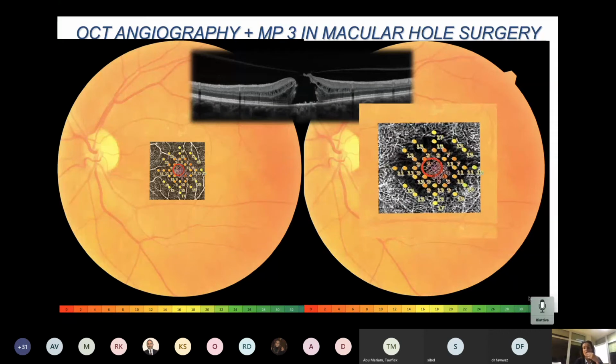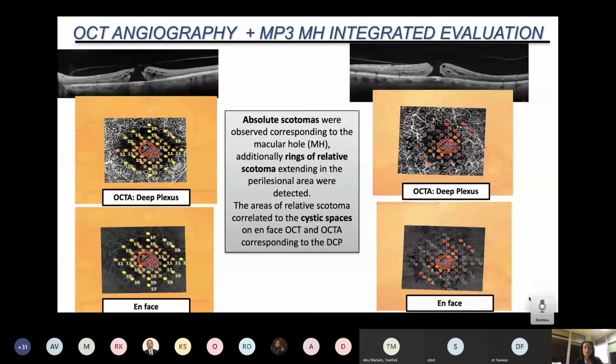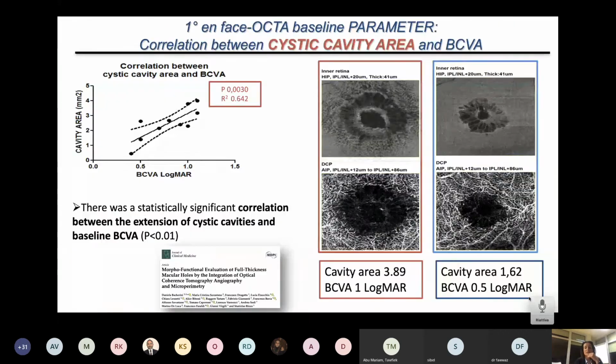And by automatic software, we can see that there is an absolute scotoma in the center corresponding to the macular hole, and additionally rings of relative scotoma extending in the perilesional area correlated to the cystic spaces.